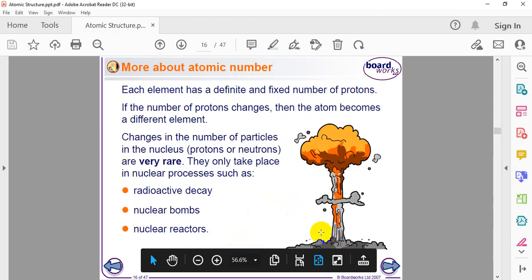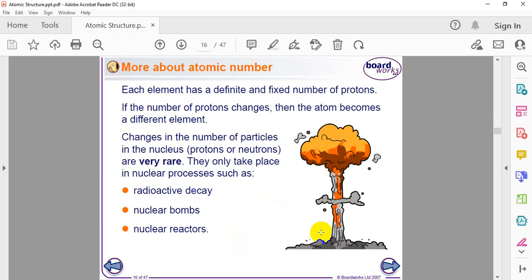Each element has a definite and fixed number of protons. If the number of protons changes, then the atom becomes a different element. Changes in the number of particles in the nucleus, protons or neutrons, are very rare.